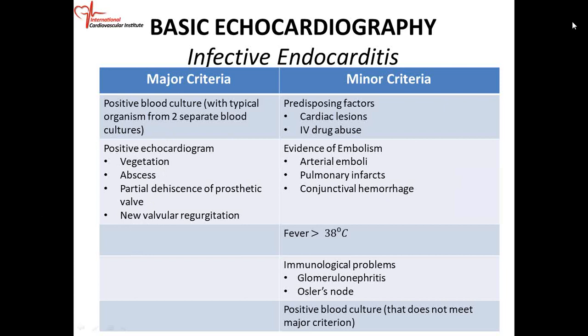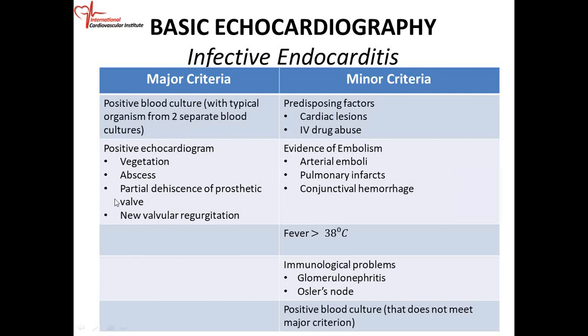So the major criteria, blood cultures, because if the patient has infection inside the heart, there is a very, very great chance that the blood itself is going to be infected. So when you take a sample of the blood and you put it in what we call a culture medium, that organism will grow, and then you can identify it readily.